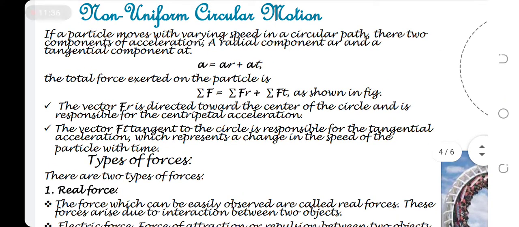If a particle moves with varying speed in a circular path, there are two components of acceleration, a radial component a_r and a tangential component a_t.